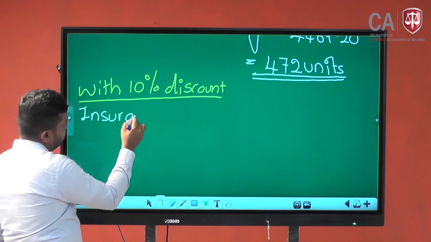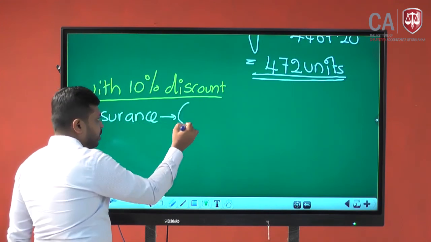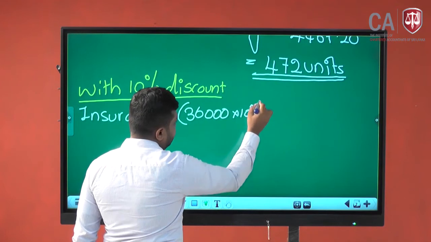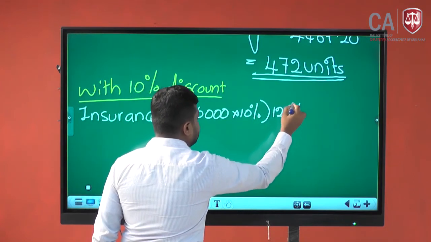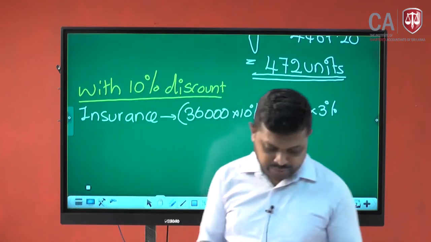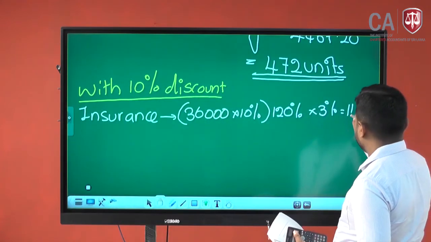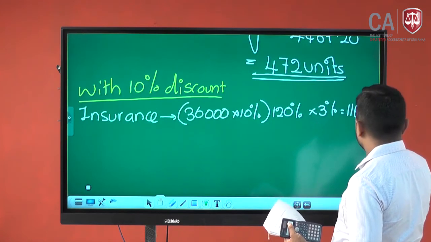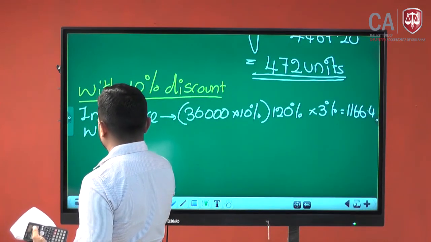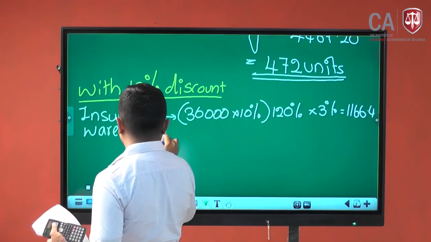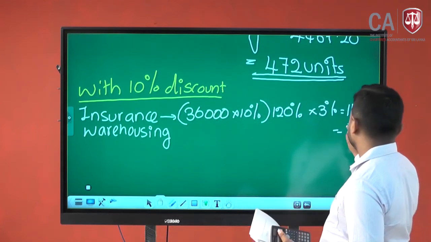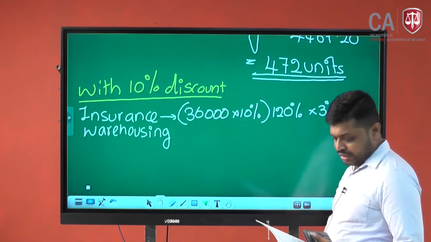Insurance cost will be 36,000, you will receive a discount of 10%, into 120% into 3%. The answer is 1,166.4 insurance. Warehousing remains 500 rupees.